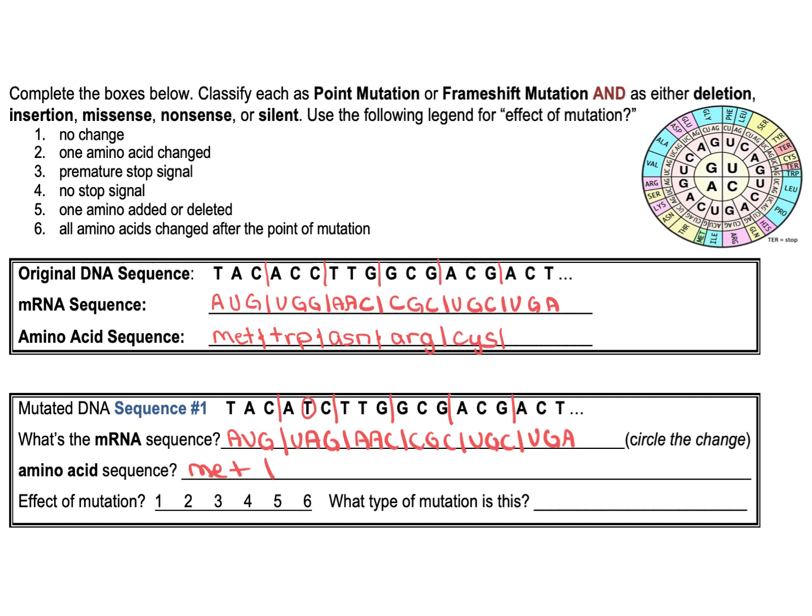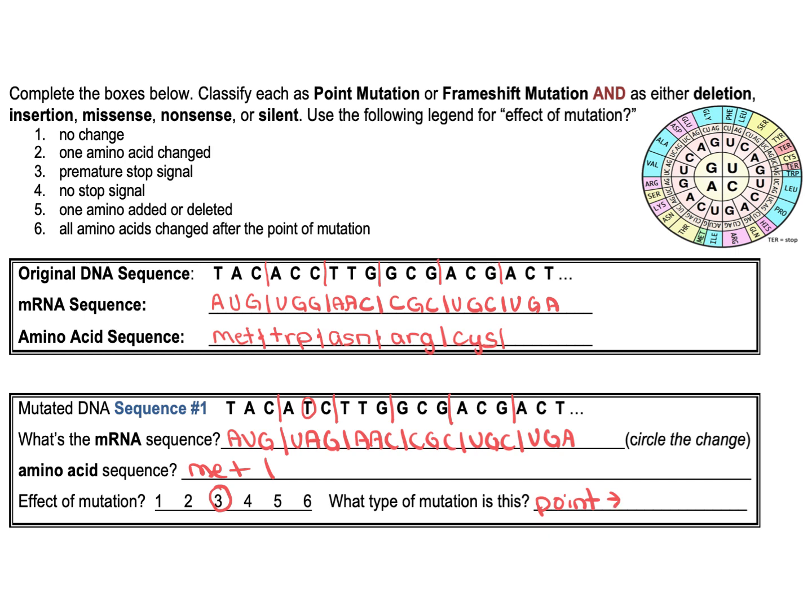It is a premature stop. And the type of mutation then, so we're going to classify it as either a point mutation or a frameshift. And since this was just one change in the sequence, we're going to identify it as point.